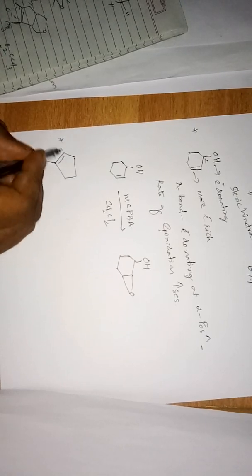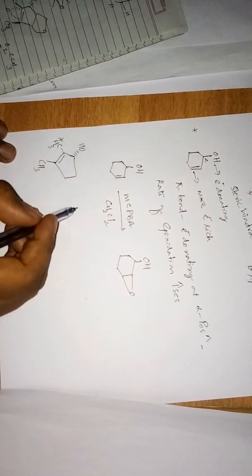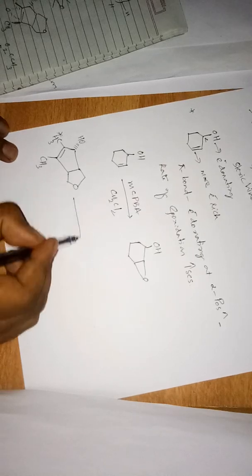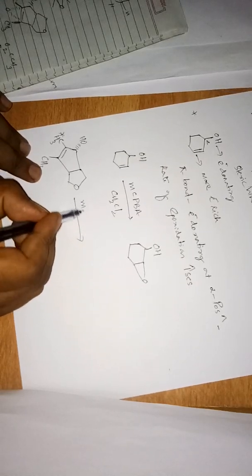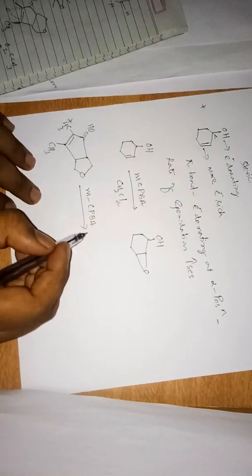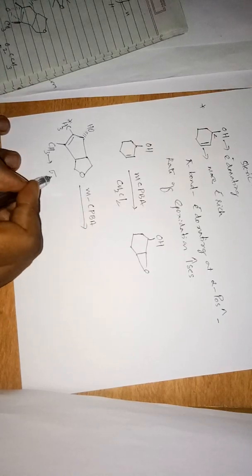Now CH3. Here we have CH3, here we have OH. Metachloroperbenzoic acid. Here the CH3 is a weak electron donating group, sigma donation.